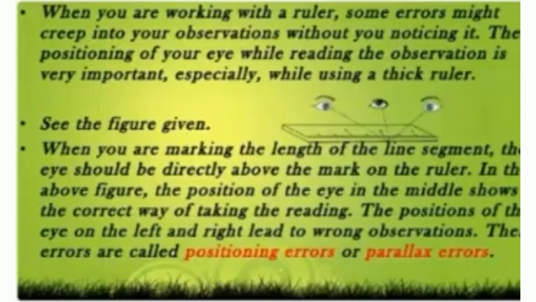In the above figure, the position of the eye in the middle shows the correct way of taking the reading. The positions of the eye on the left and right lead to wrong observations. These errors are called positioning errors or parallax errors.